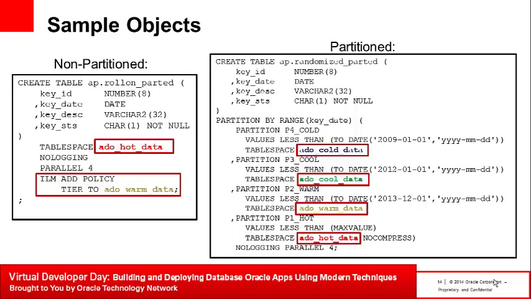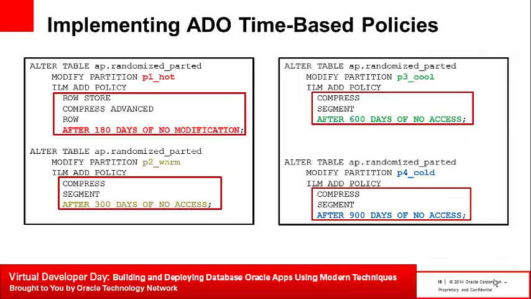Here's an example of setting up policies that are time-based. Now again, notice these are against the randomized parted table. And I'm using two different methods, by the way, of compression. The first one for P1 hot is a row store compression. And I'm going to use advanced compression against this, but only after 180 days have elapsed of no modification.